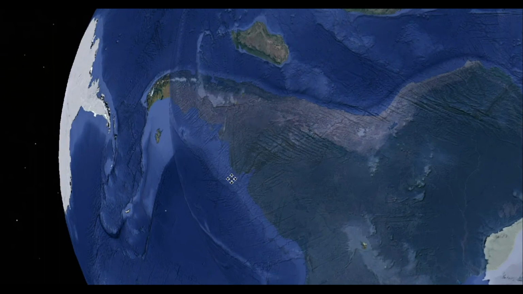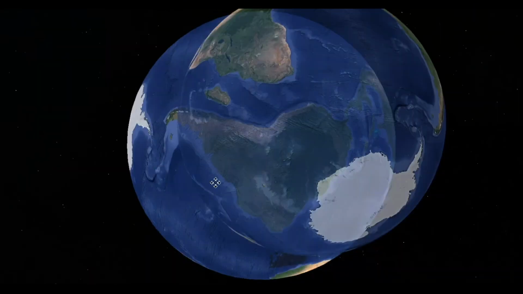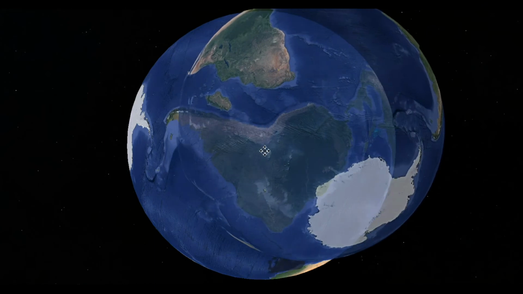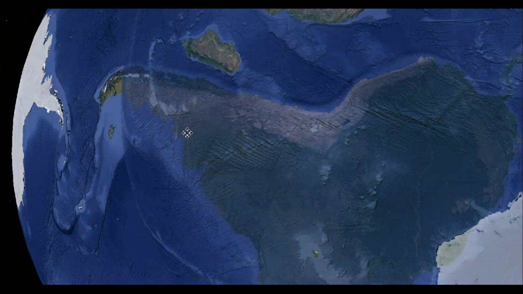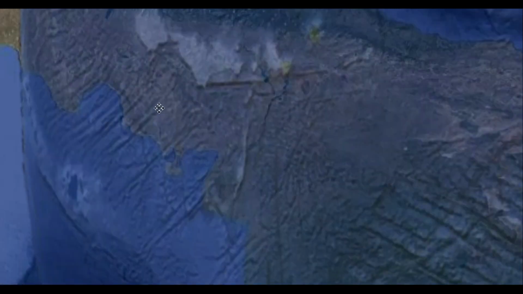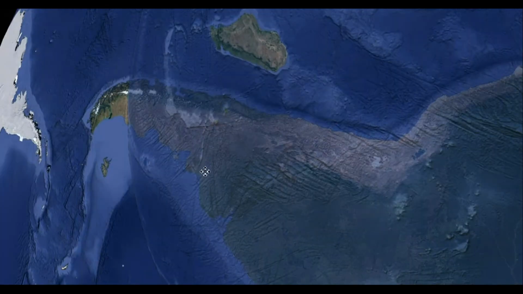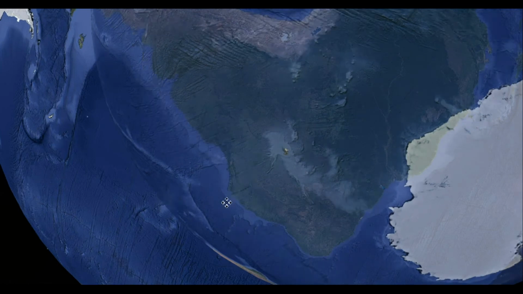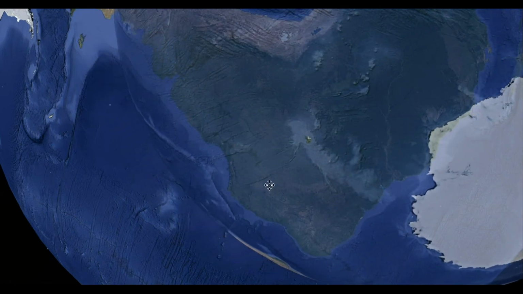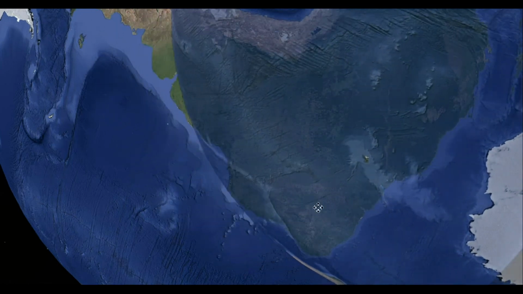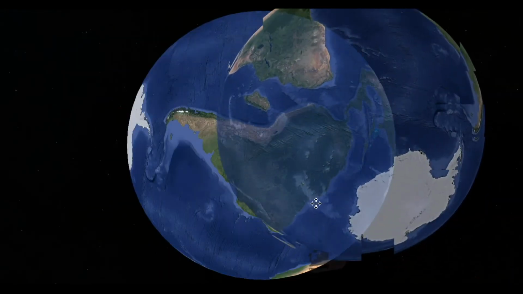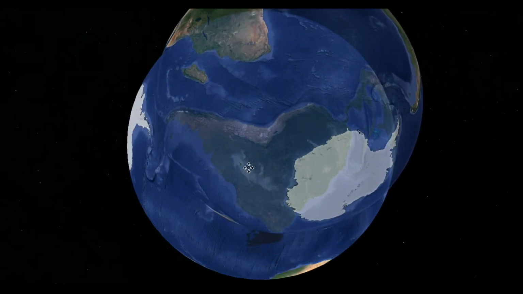You see that right there? They seem to be playing into these features here. I'm just seeing how far I can go with this before I move on.